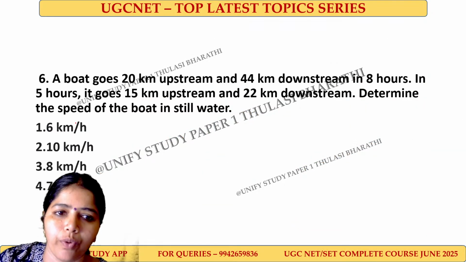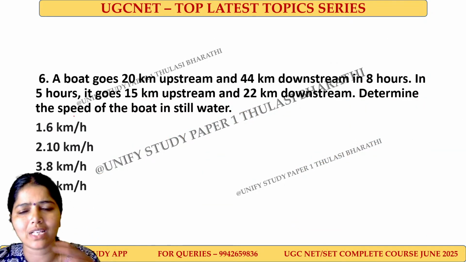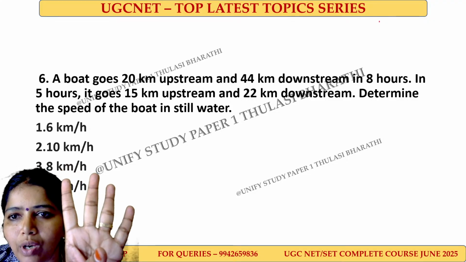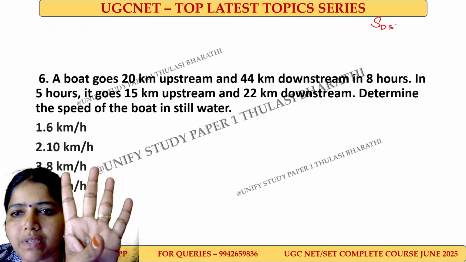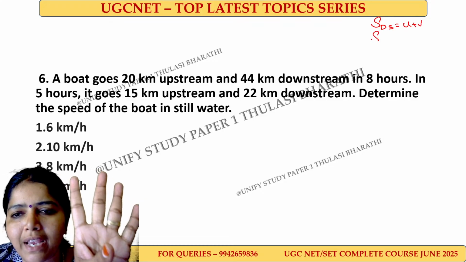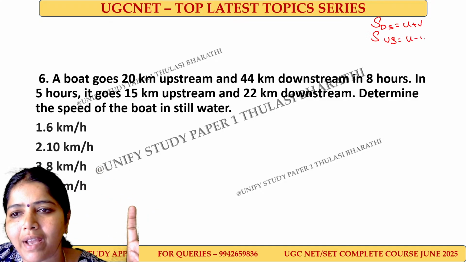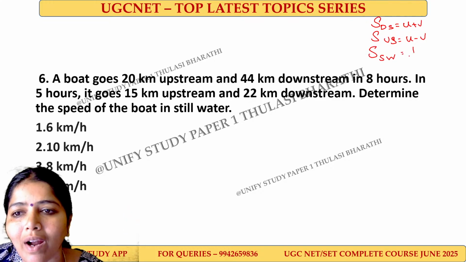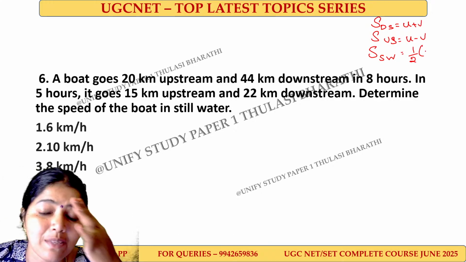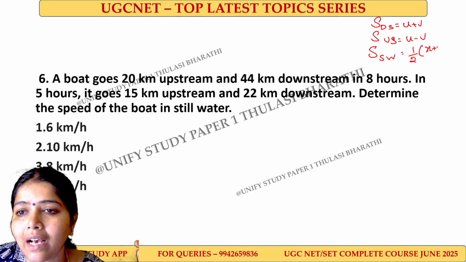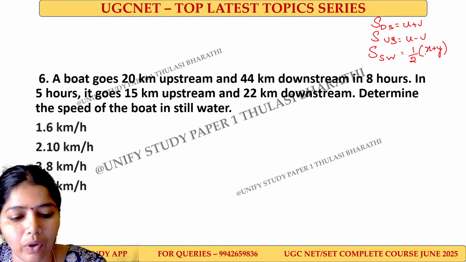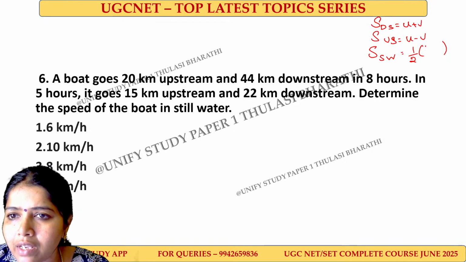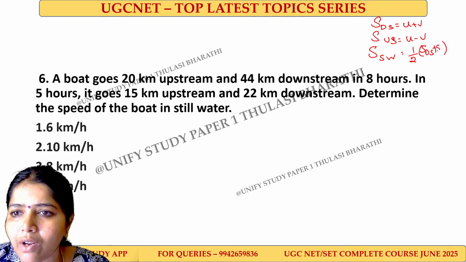Next question on board. You have to write down all the formulas in your notebook. Speed of the downstream is equal to u plus v. Speed of the upstream is equal to u minus v. Speed of still water is equal to 1 by 2 of the speed of the downstream plus the speed of the upstream.